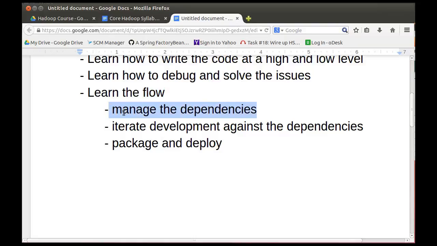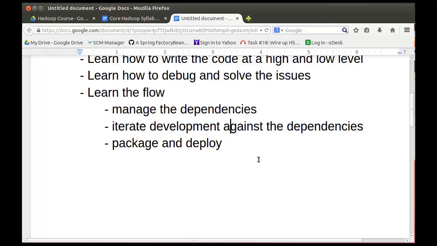There will be resources that code needs to run. So we need to manage those dependencies, get the dependencies in the right place and the right version of those dependencies. And once we have a dependency management system in place, then we iterate development against that dependency.